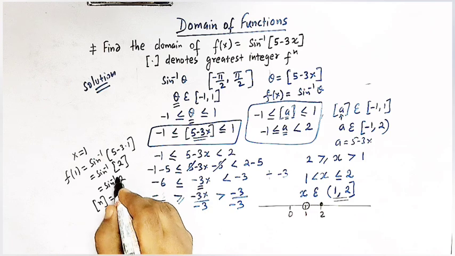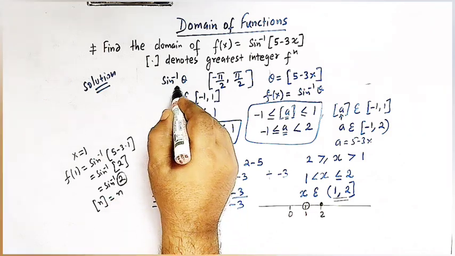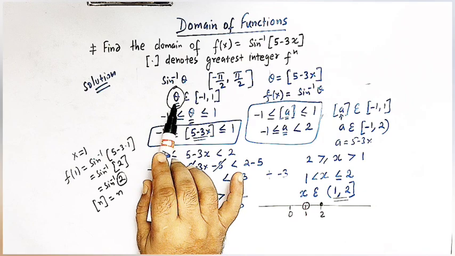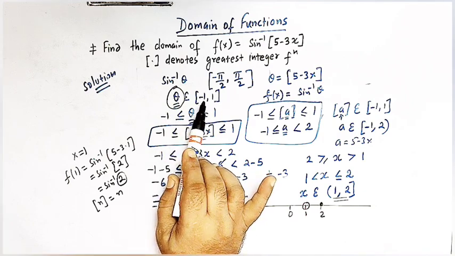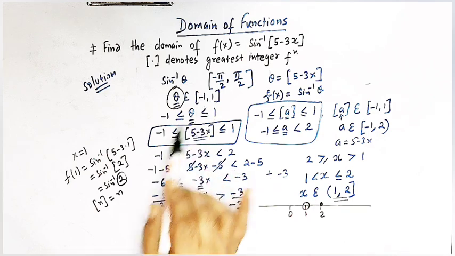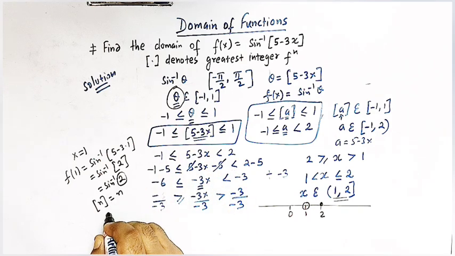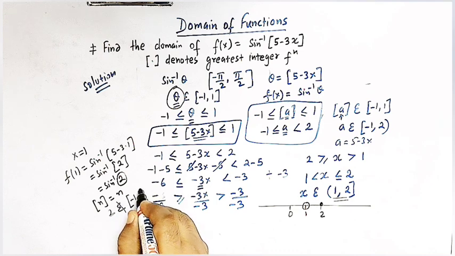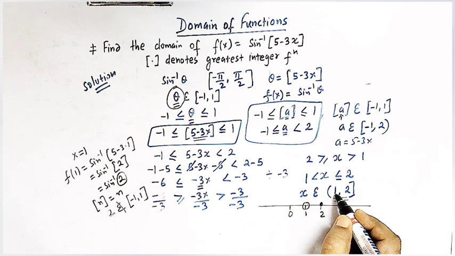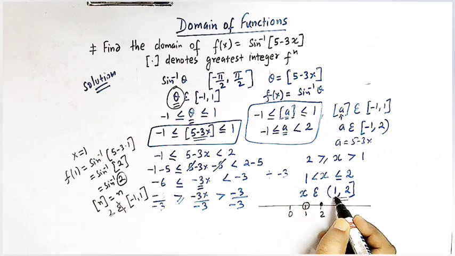So we have sine inverse 2, and from here we can see that the domain of sine inverse is the interval minus 1 to 1, right? So here we have 2, and 2 does not belong to this interval minus 1 to 1. So we cannot take x is equal to 1 in our domain.